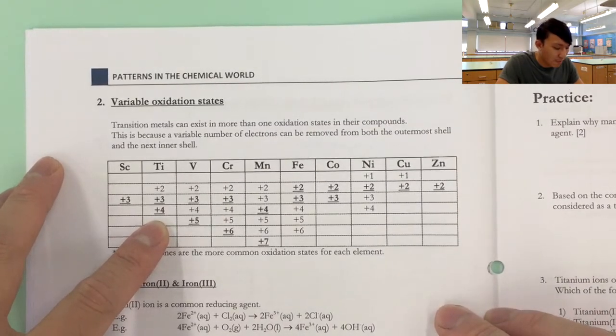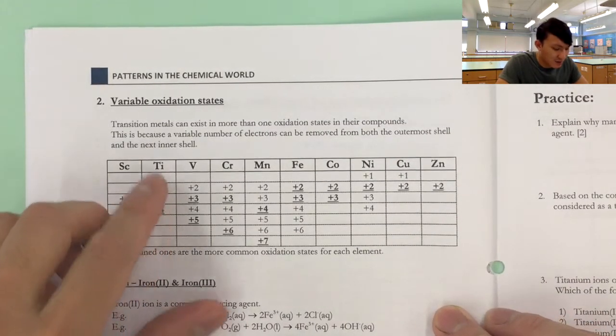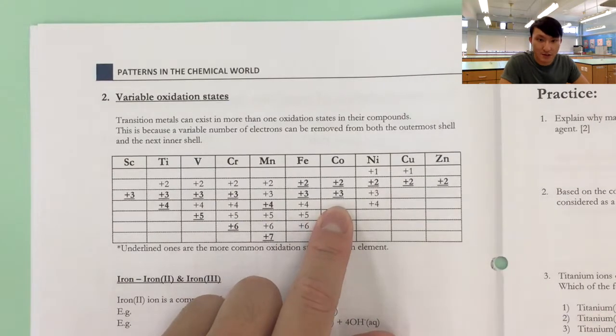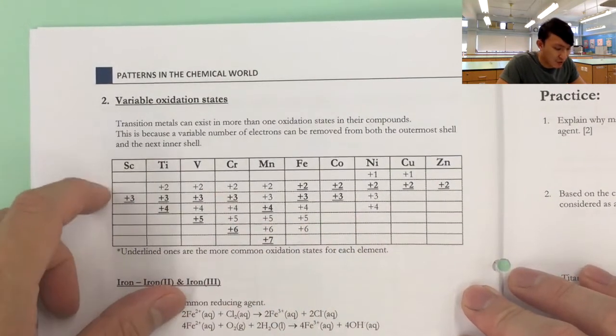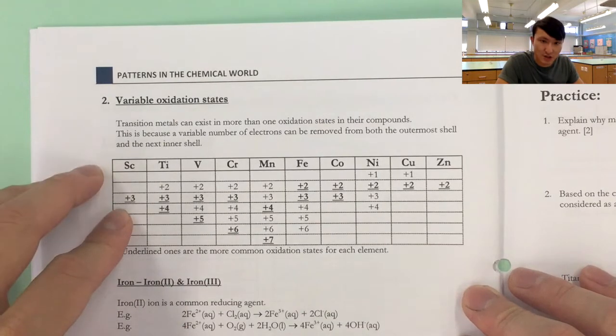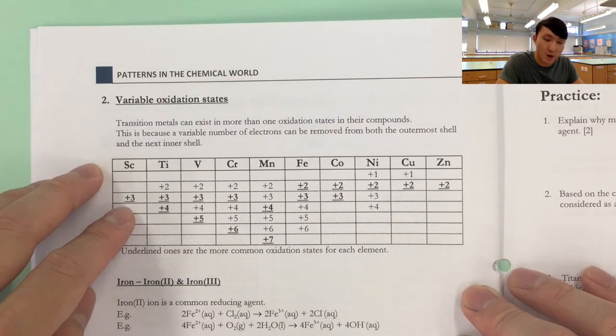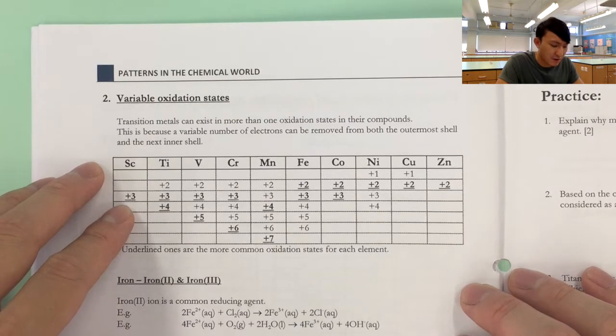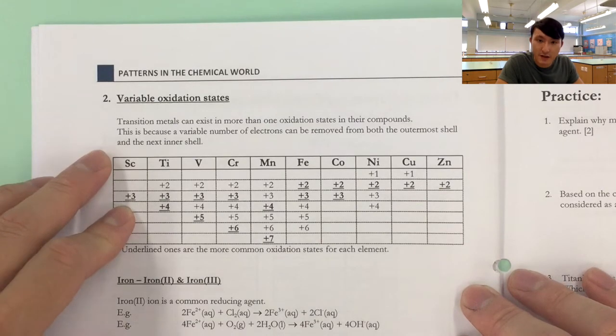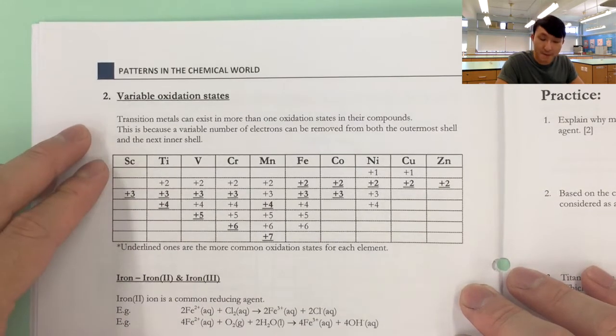Okay. Now, you notice that a lot of these have at least 2 oxidation states in compounds, right? Now, scandium is a special case. It is considered a transition metal, but it only has 1 oxidation state in compounds. The reason here, you don't have to know why, but scandium is generally considered a member of the transition metals.